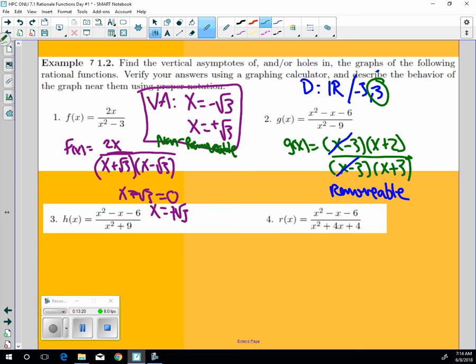Well, what happens is that this graph just acts like it's not there. At 3, it's going to act like it's not there, but we put what we call a hole at that spot. And what the hole does is only at that value, x equal to 3, is that value not defined. So you can't put a 3 in and make this work.